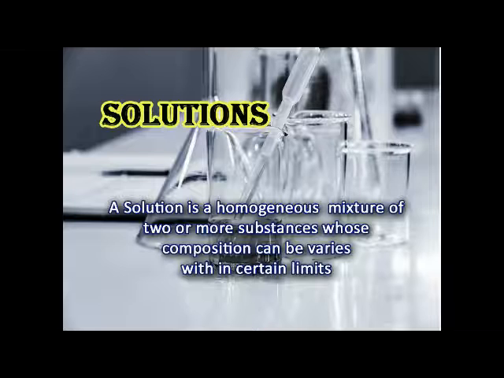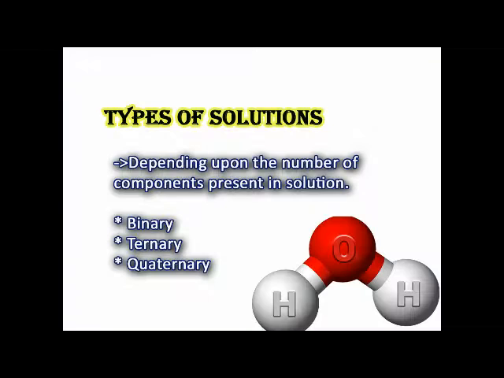When we see about types of solutions, depending upon the number of components present in the solution, we can classify them into binary solution, ternary solution, quaternary solution and so on. Binary solution.